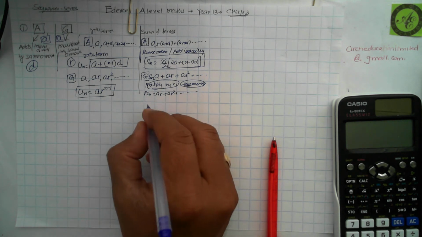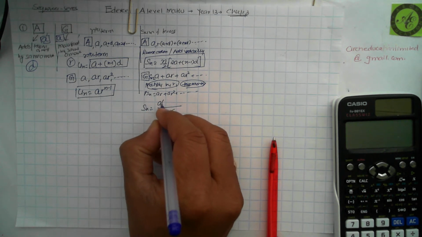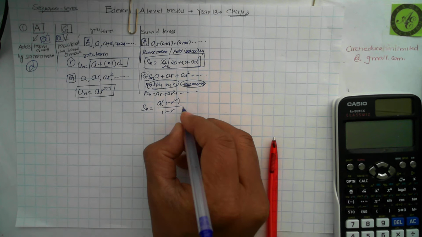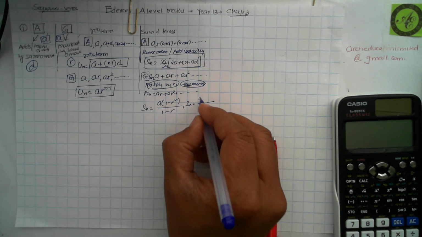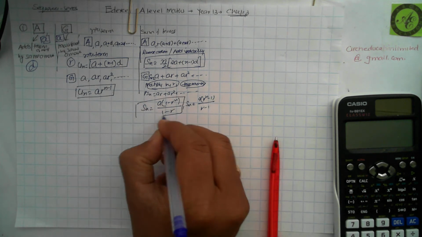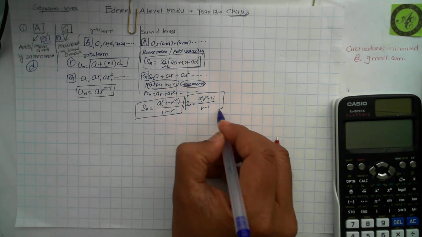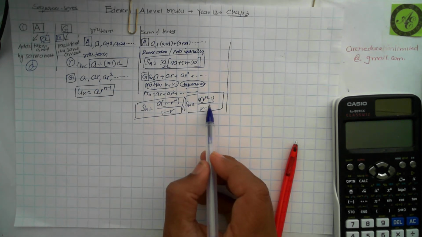You're going to get the formula as Sn is a(1 minus r to the power n) over 1 minus r, or a(r to the power n minus 1) over r minus 1. I have been asked by people in the past how to memorize which formula to use. Very simple.